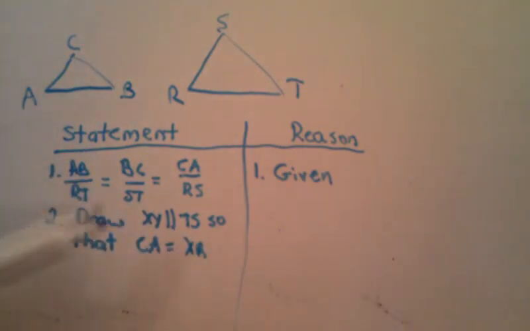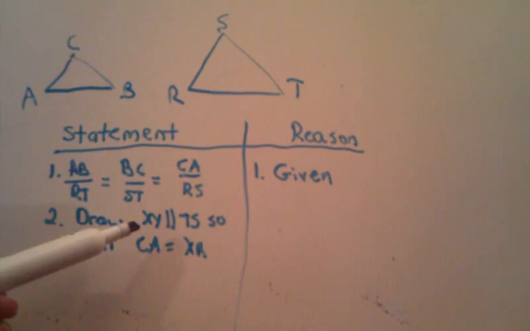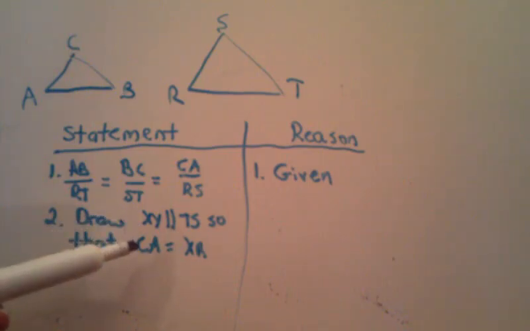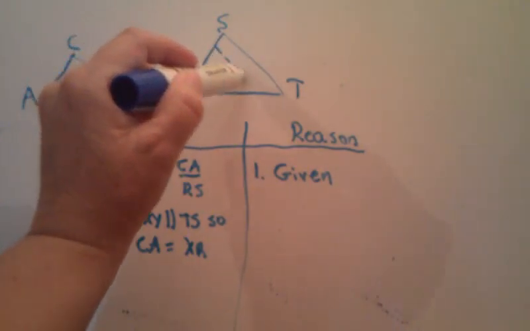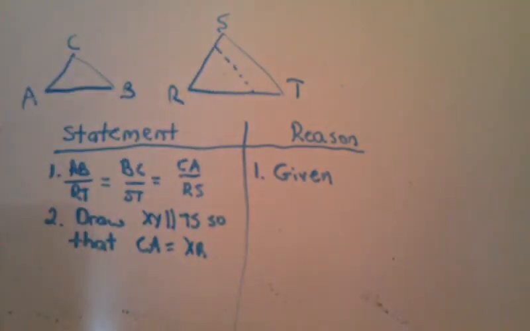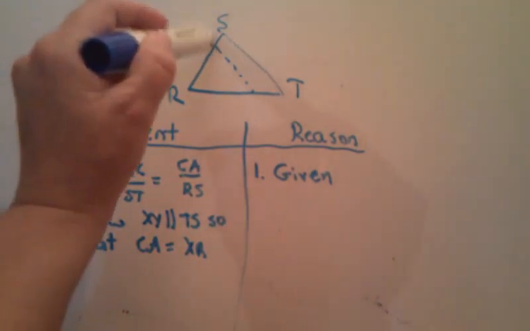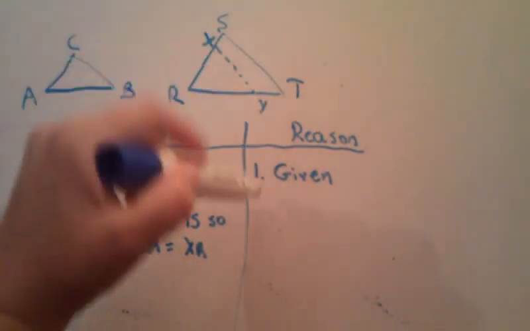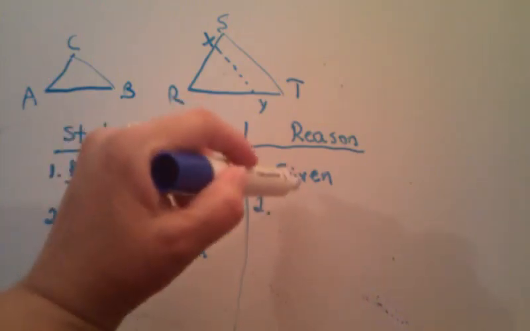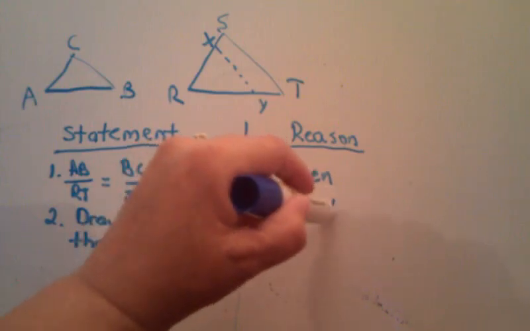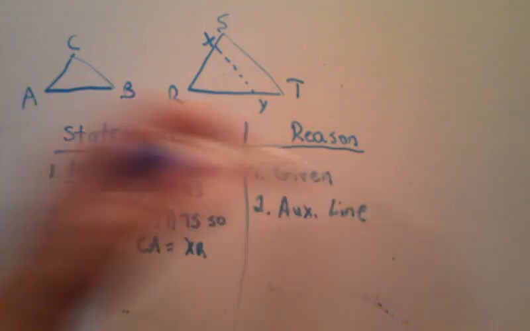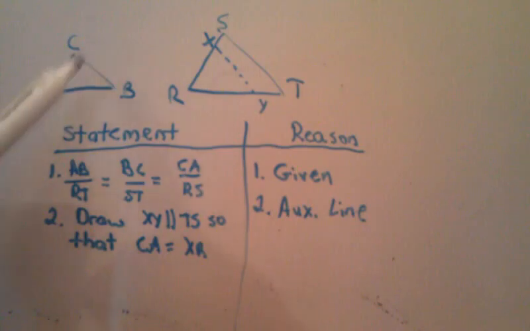So I'm going to draw a line parallel to TS so that it equals this. So this is going to be X, Y. And this is definition of an auxiliary line, so I'm just going to put AUX line. I drew a line so this smaller triangle is equal to that triangle is what it did.